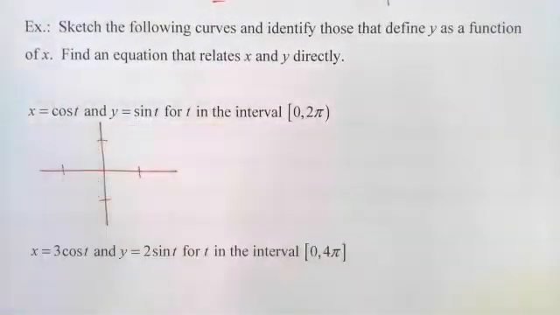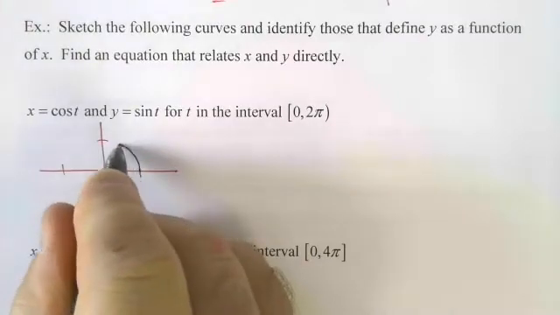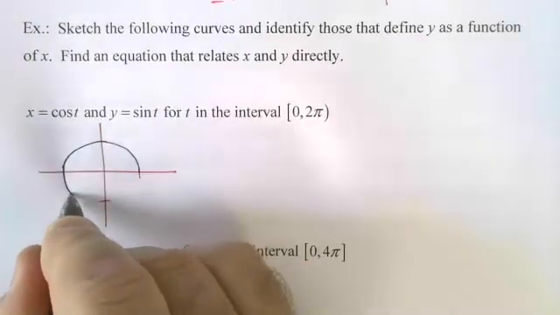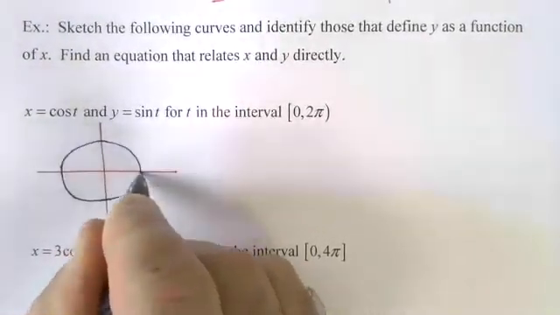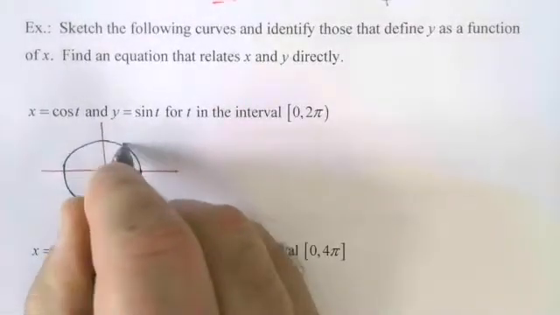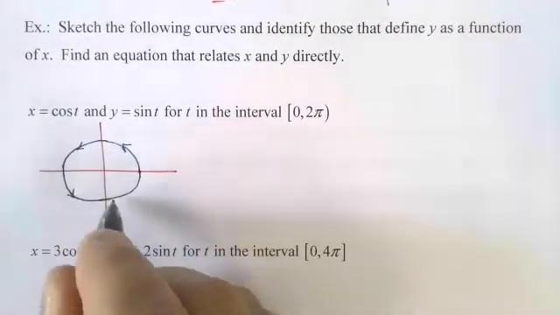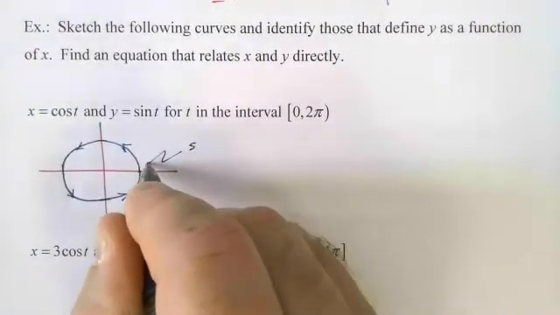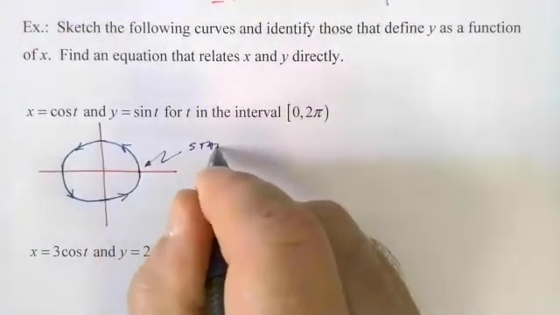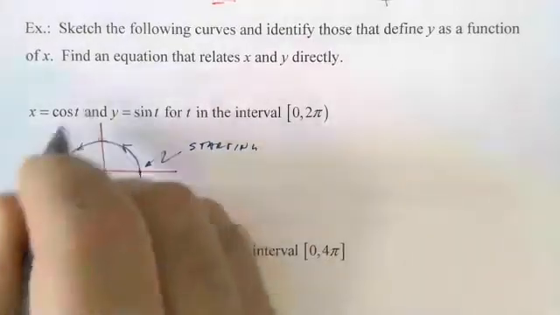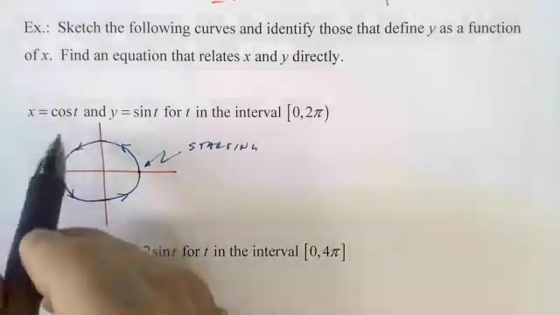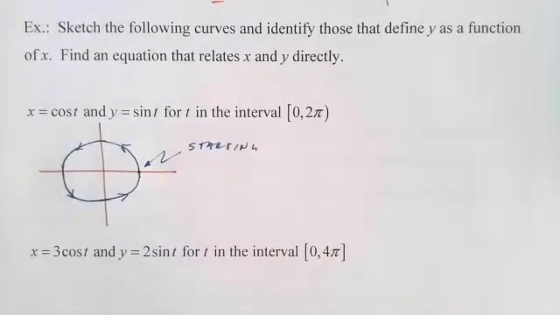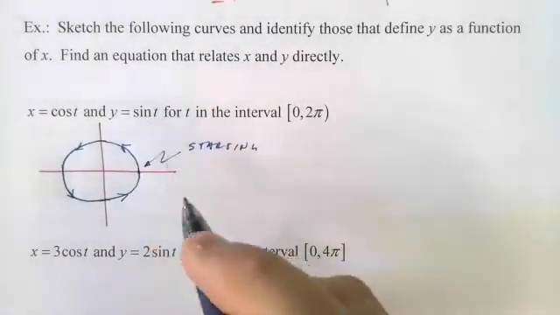Pi over 2, that's at 1. It starts here. It actually overlaps itself just briefly there at the starting point. But that's okay. So back to the question, hey, is that a function? No, that is not. Is x equals cosine of t and y equals sine of t a function? Yes, it is. It's important because now we can do calculus to them.